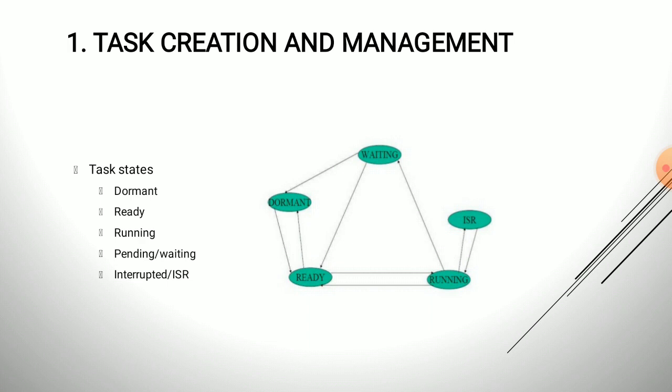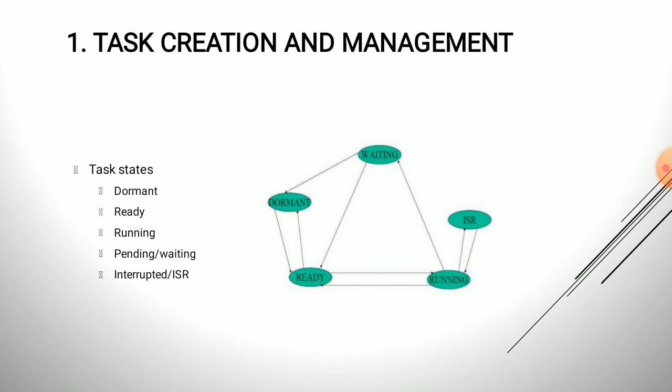This waiting state might be invoked by various conditions, for example, the task enters a wait state for an event to occur, or is waiting to get access to a shared resource.